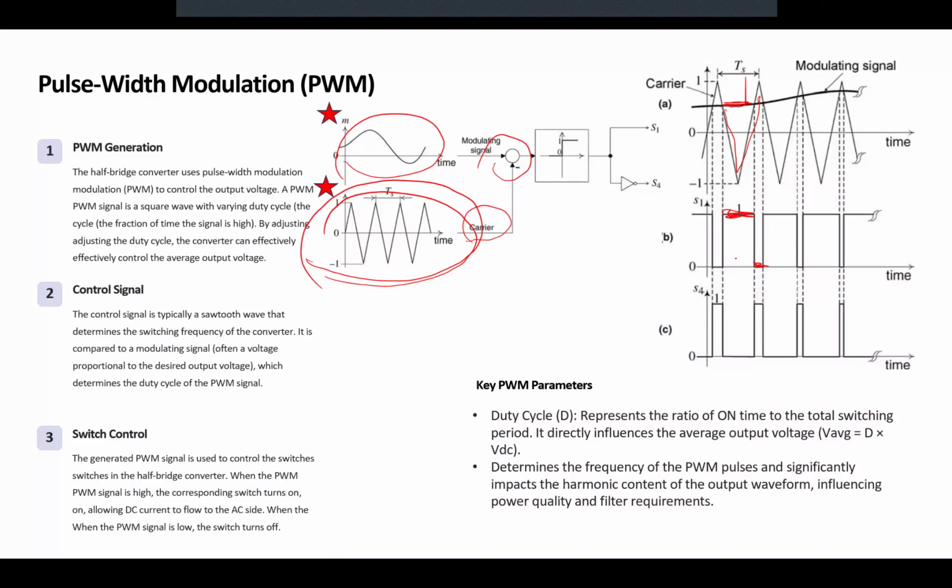This is a half bridge, S1. Now, what is S4? The complement of S1. So when S1 is off, S4 is on. Are we good? Does that make sense? This is the very basic, simple case of PWM.